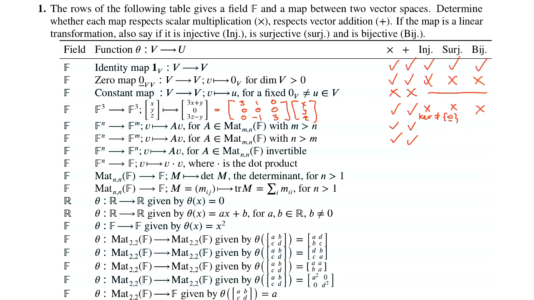So in this one, the dimension of the codomain is bigger than the dimension of the domain. Not surjective, good. Because if this guy was surjective, then, remember we said that a basis maps to a spanning set, but we can't do that.